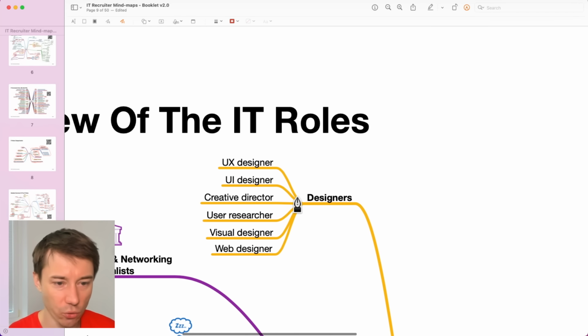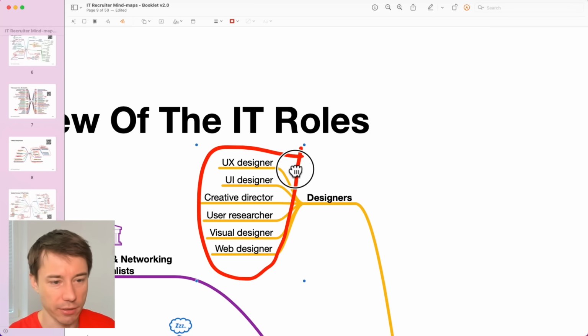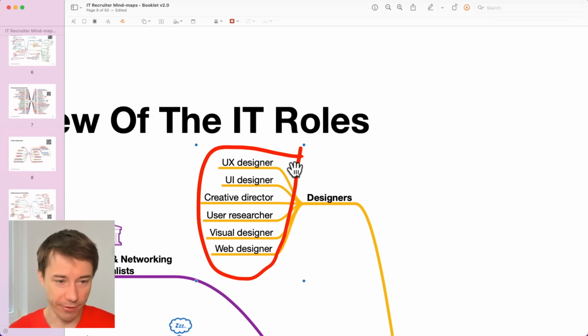And the last node on this very comprehensive mind map focuses on designers. So there are designers that focus on the user experience, that's UX, or some designers focus on user interface, that's UI.